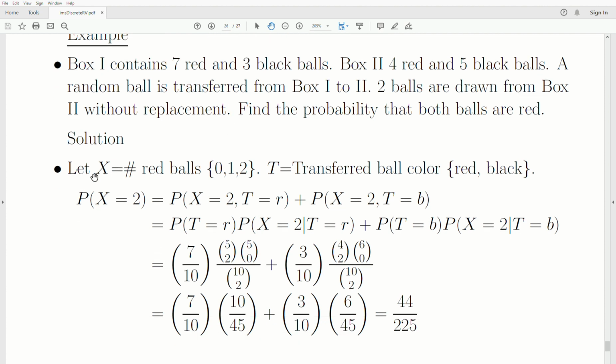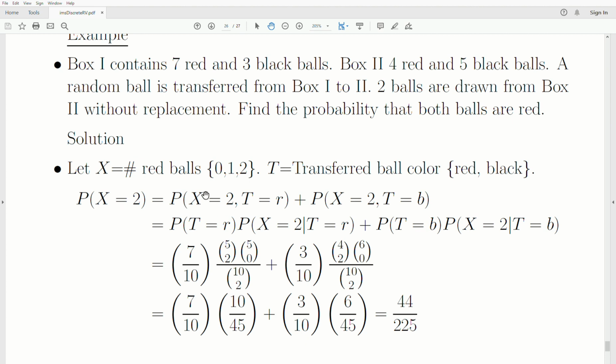So let's let X equal the number of red balls, which could be 0, 1, or 2, right? We're drawing out 2 balls. T is the transferred ball color, could be red or black. Now, we want to find the probability that X equals 2, the number of red balls drawn is 2.